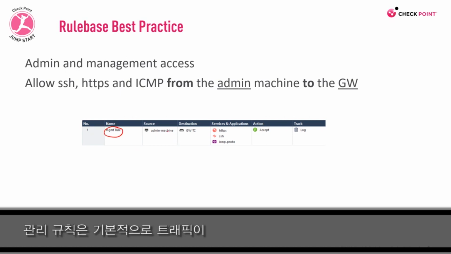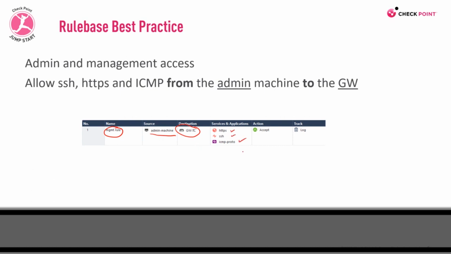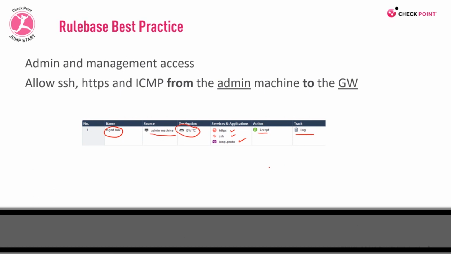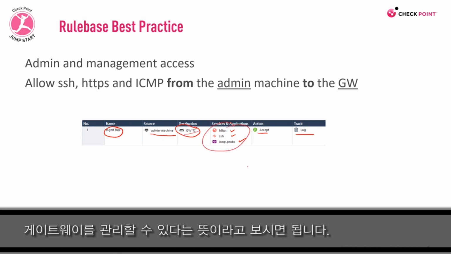This management rule basically says that as long as you're coming from your own computer, the admin machine, so this is an object that represents your station, and the traffic is going to the actual gateway that you have on these services, this traffic will be accepted and logged. So you'll know that that happened.